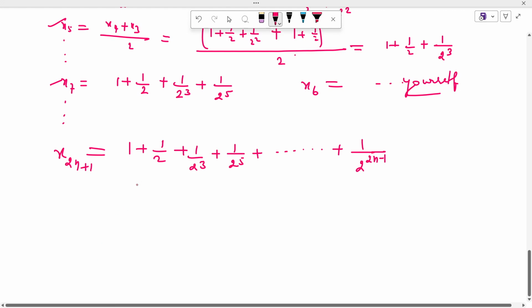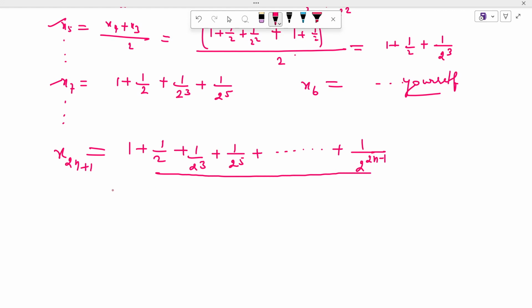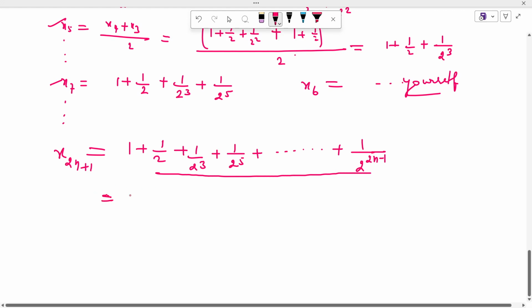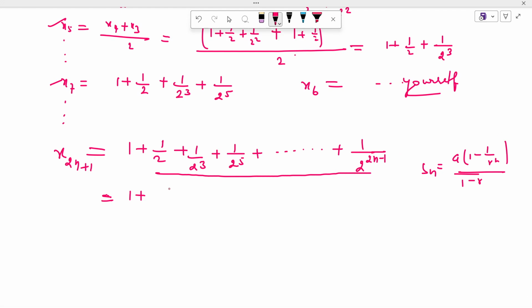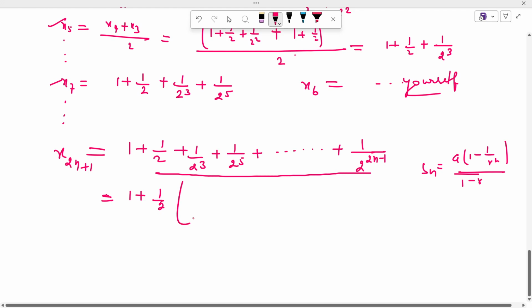After solving this one, this portion is a geometric series. So 1 plus the geometric series, where the sum of n terms is a times (1 minus r to the power n) divided by 1 minus r. So 1 plus, the first term is 1 by 2 and the ratio is 1 by 4.